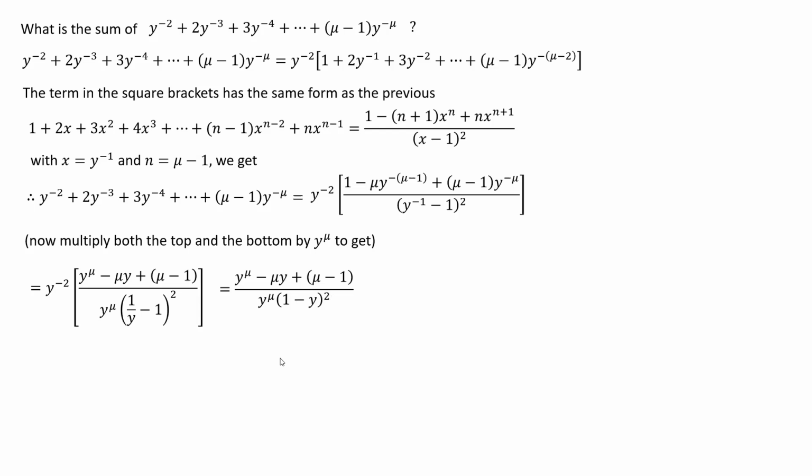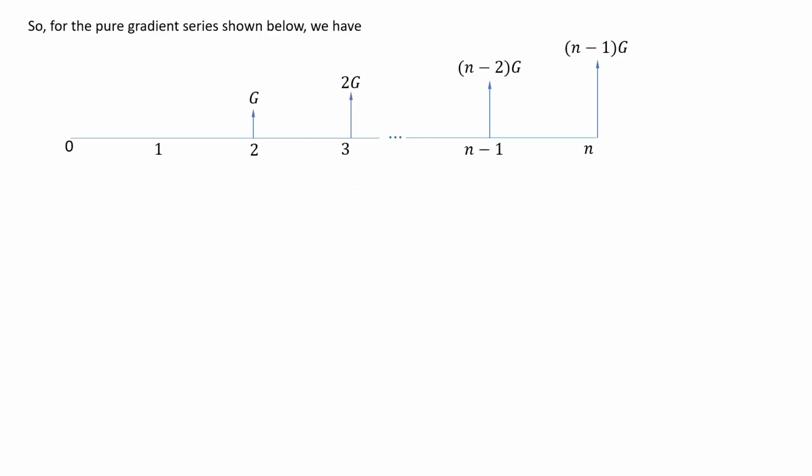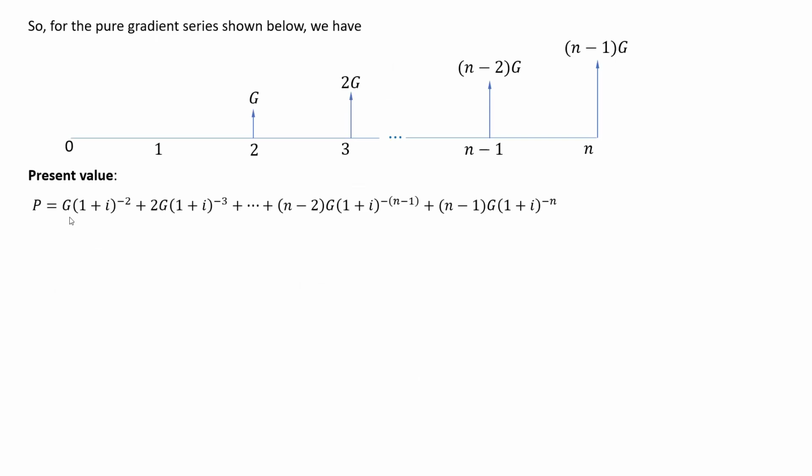Okay, oof. All right, so now we know the sum of y to the negative 2 plus 2y to the negative 3 and all of that stuff. And this is what we're going to apply to our problem. When we have this, the present value is this, what we said.